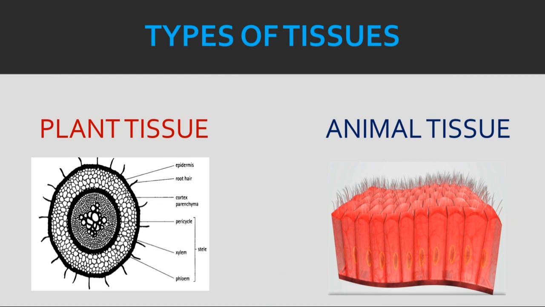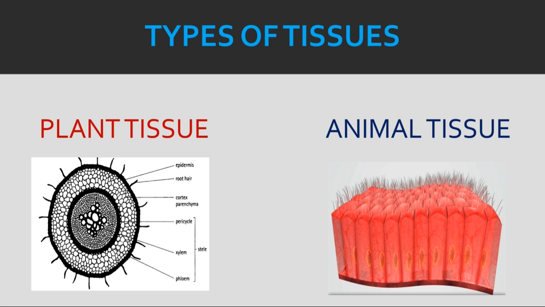Now, before discussing the types of tissues, if we ask the question, what is a tissue? A number of cells team up together and form a tissue, a number of tissues team up together to form an organ, the organs form organ systems, and from organ systems we get the organisms.